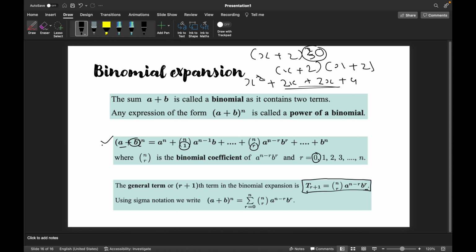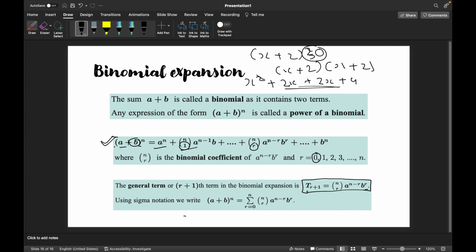Also, this would be given in the formula sheet, and therefore you don't have to memorize this, but I'd recommend that you memorize it because it might take a long time to plug in the values or look at each of these terms and then try to substitute the values. So it's going to be really hard. So if you remember it, it's going to be easy.